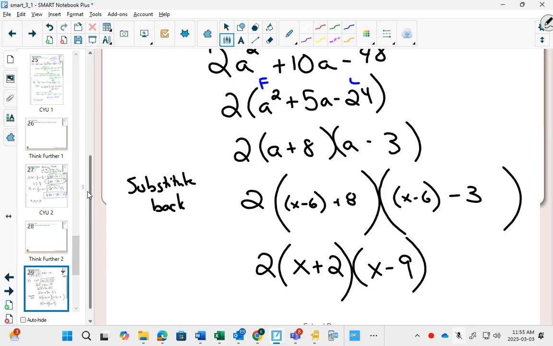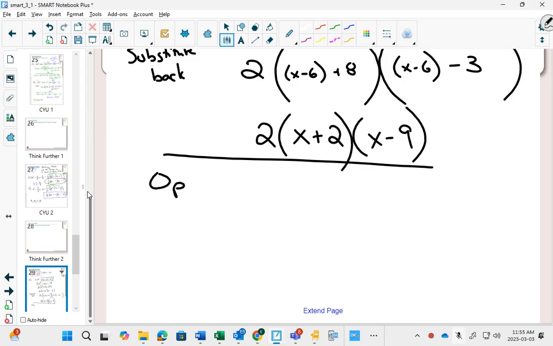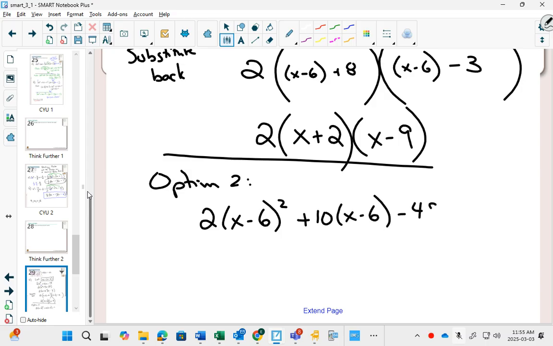Okay. The other option is actually to multiply it all out. So here's the original question. Double check that I remembered it correctly.